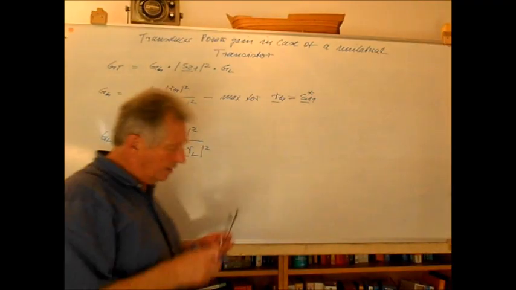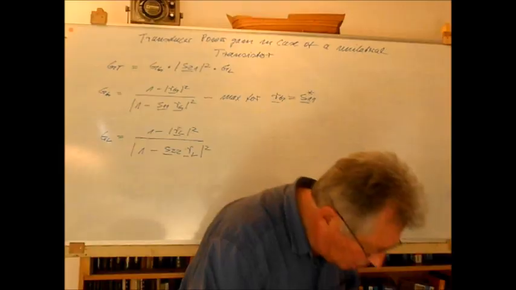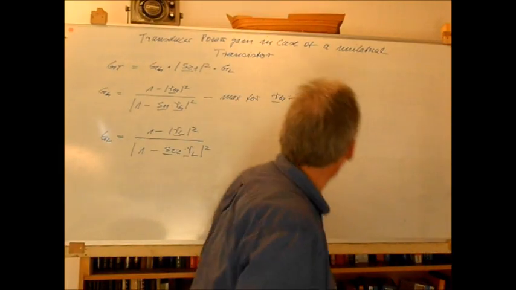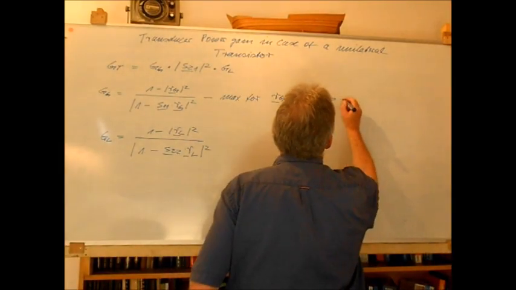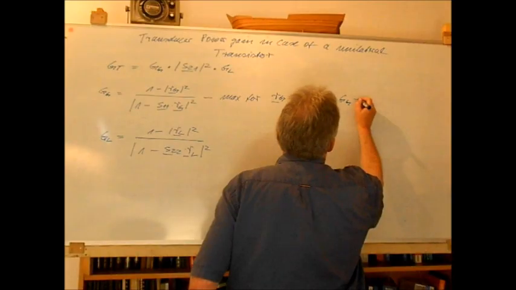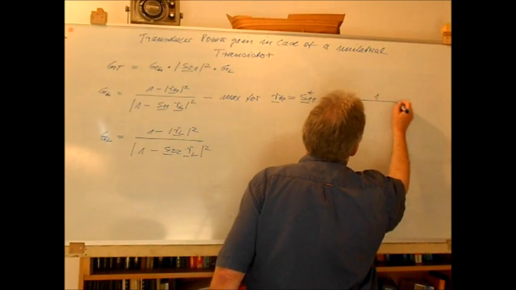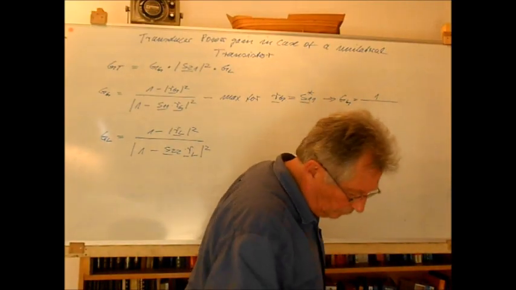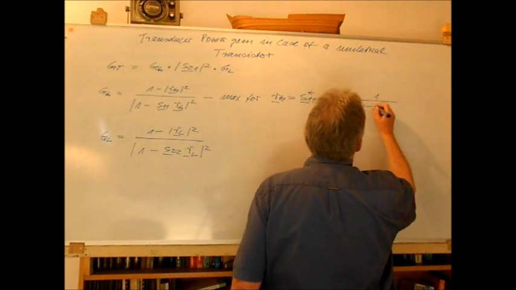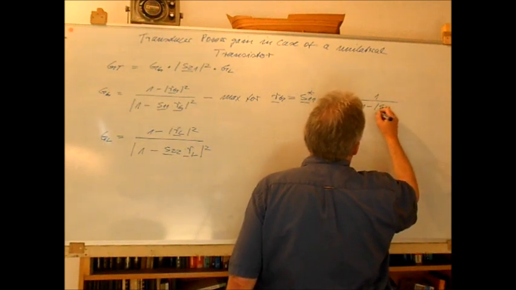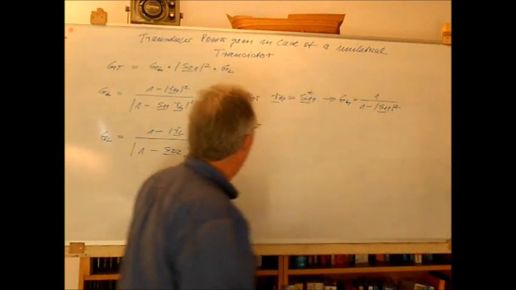And in this case, the generator gain reduces to 1 over 1 minus S11 absolute value squared.